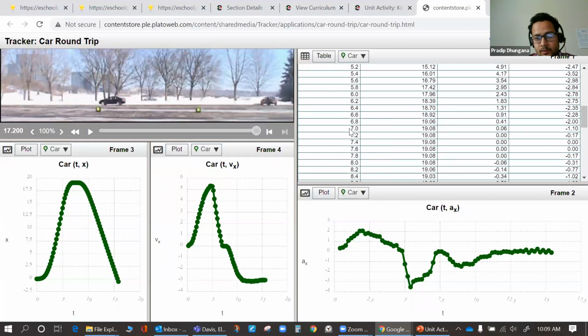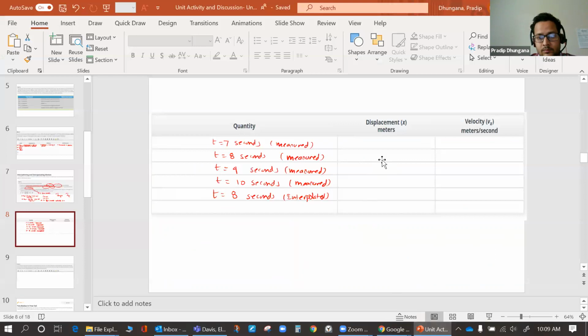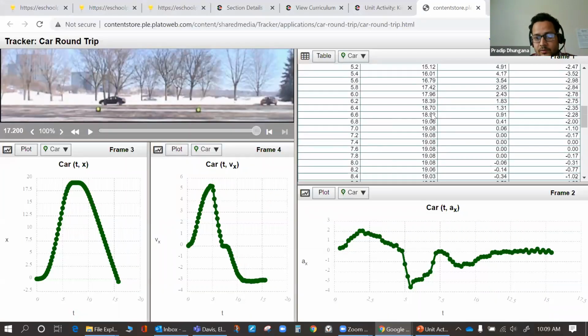Now t is equal to 7 seconds. Displacement is, you can see from here, 19.08. Velocity is 0.06. 19.08 and then 0.06. So let's write that one. Let me go back again. I just got confused. 7, okay, 19.08.